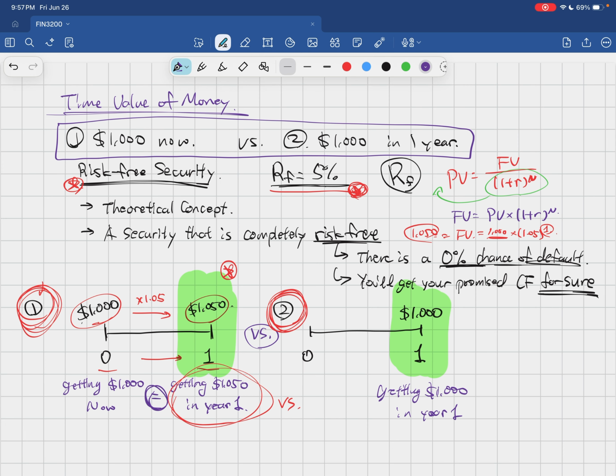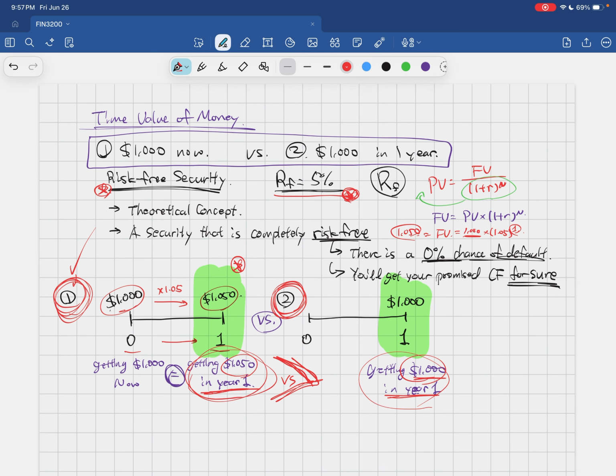Notice that we've aligned the time period. Now we can just look at the magnitude and say, oh, 1050 is clearly better than $1,000. So we can say option 1 is objectively better. It doesn't even depend on your preference, it's just a greater amount, so it's better. So this is the time value of money.